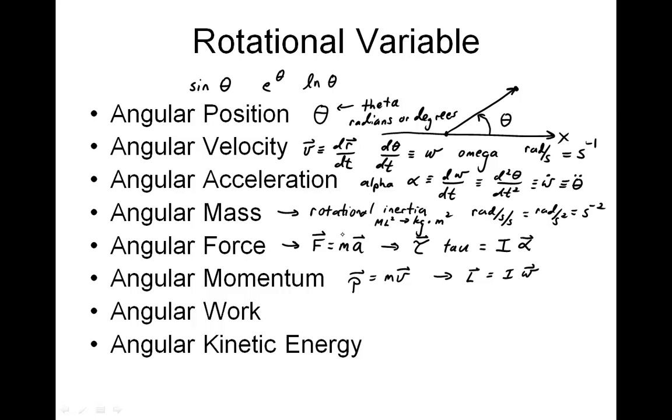You can see that the units for angular force are going to be different. That's kilograms meters squared when it comes to the angular mass or rotational inertia. And then recall that angular acceleration was in seconds to the minus 2. So that's kilogram meters squared per second squared, which you may recall is the same as joules, but we will never use joules for torque.